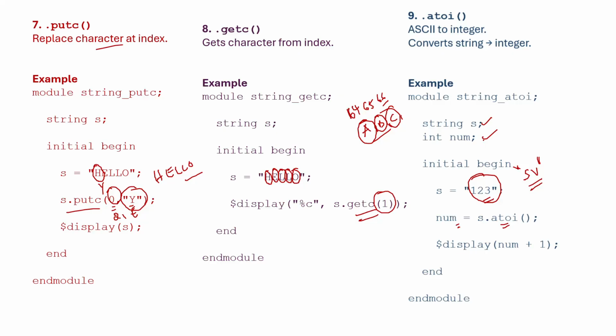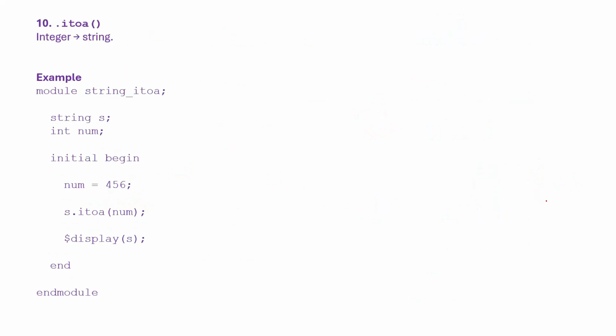Then I have written ABC here, so s equals the string ABC. This ABC will be converted into an integer, that means 64 plus 65 plus 66 values. It is printing that. That is the ASCII to integer.